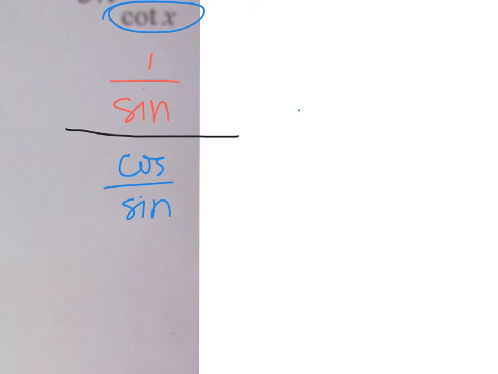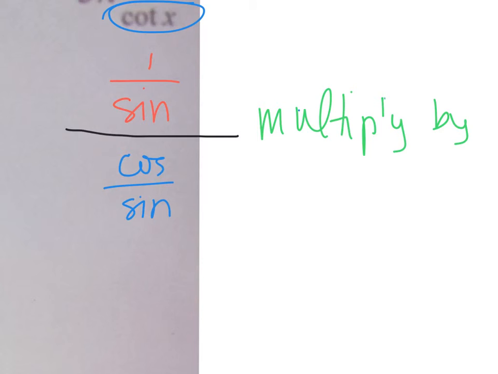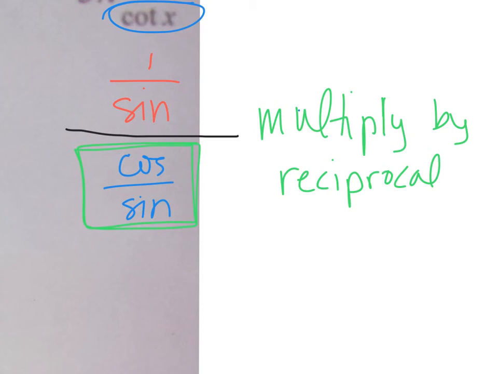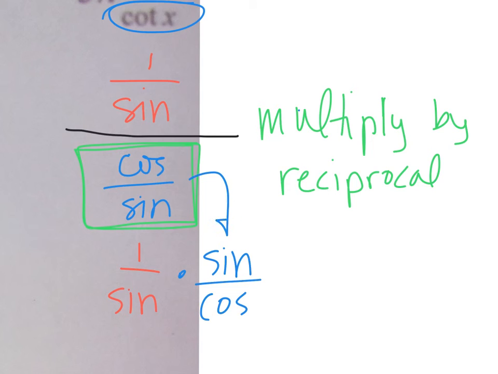So rather than dividing by a fraction, I'm going to multiply by the reciprocal. So I still have 1 over sine, and I'm going to multiply that instead by the sine over the cosine, the reciprocal of that thing.